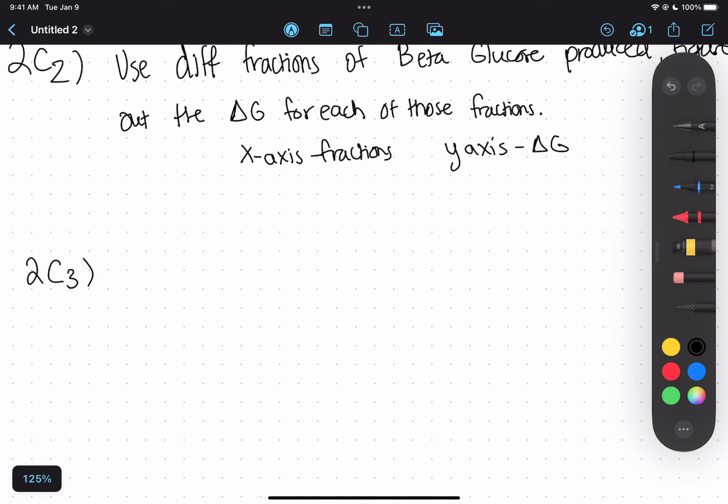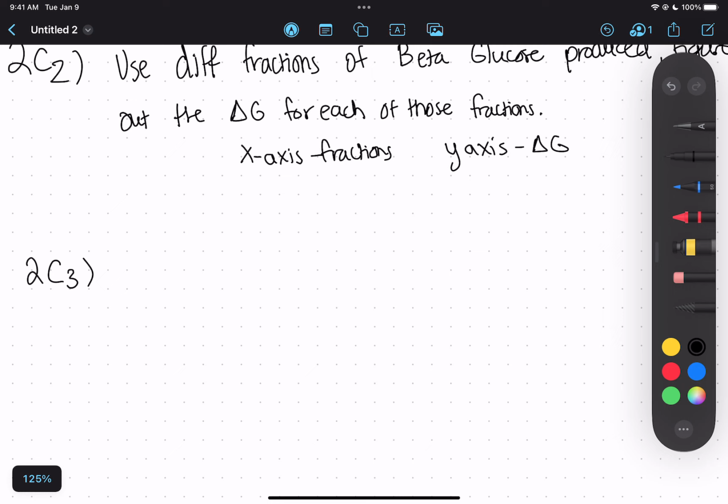You'd have an increasing delta G value. If you started at 100% converted from alpha to beta, you'd have negative 1.43. You take a fraction of that, let's say 3/4, you'll get an ever decreasing magnitude but an actual increasing value, because you're going from negative and approaching 0. So that's the idea there.